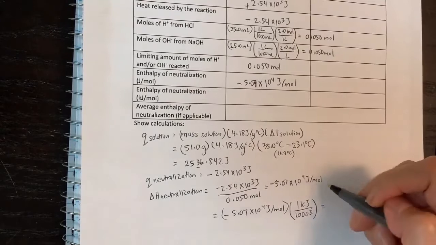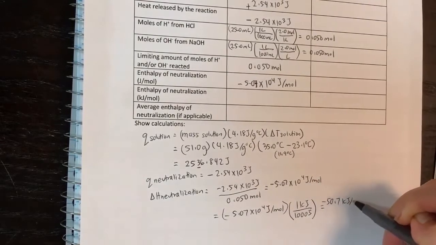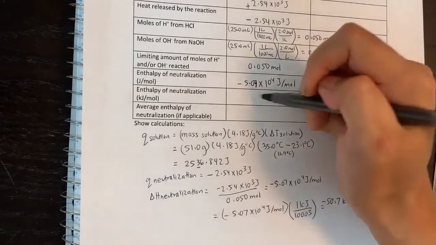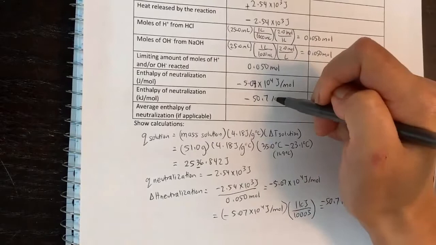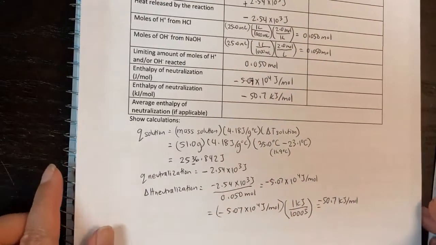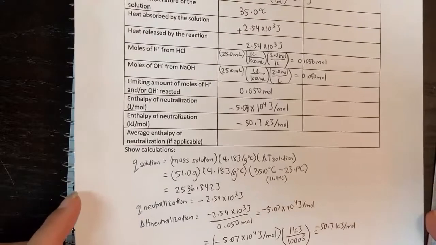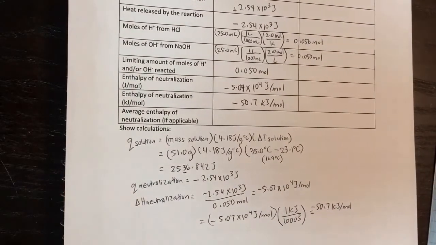So you get negative 50.7 kilojoules per mole. Okay, so that goes over here. Basically just divide by 1,000. And that is how you will do the calculation for part C. Hopefully this helps. Now remember, your data is in the dry lab data. Do not use these numbers that you see.